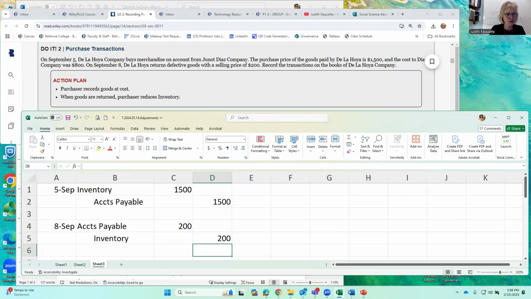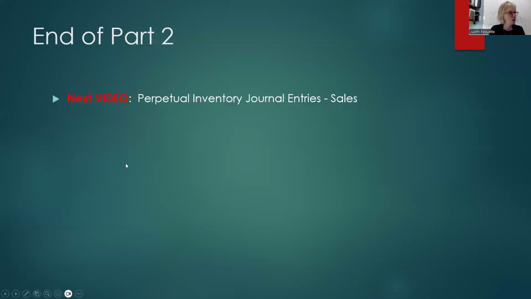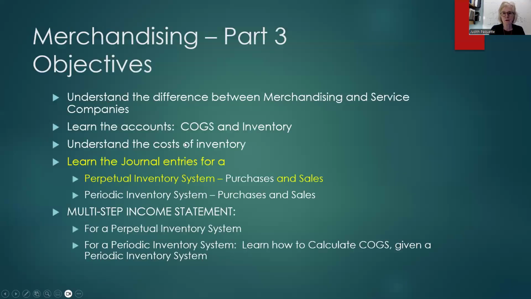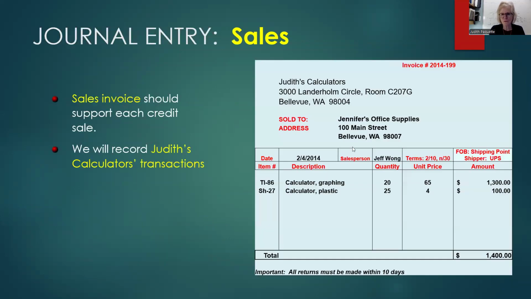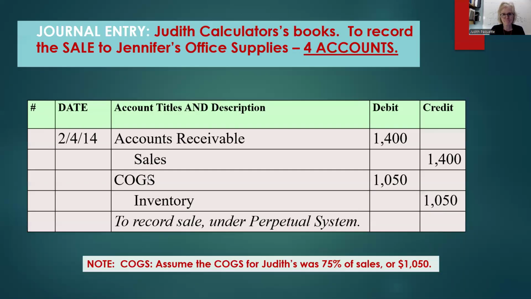Okay. So let's go back to, let's do sales now so we can finish this problem from the other point of view. Okay. So here we are going to look at sales. Learn the journal entries for sales. So now we're going to do the books from the seller's point of view.